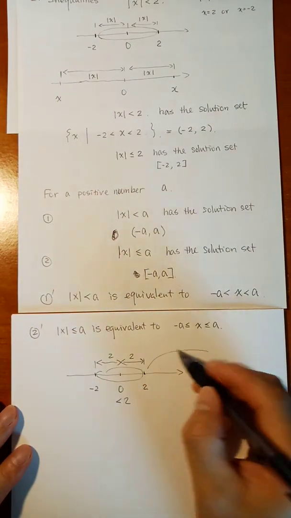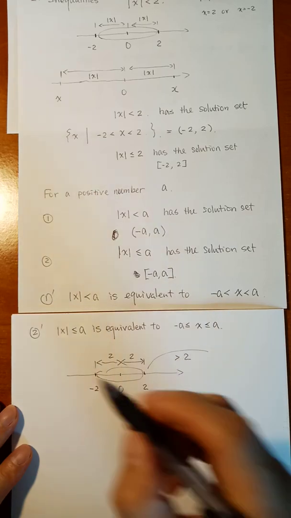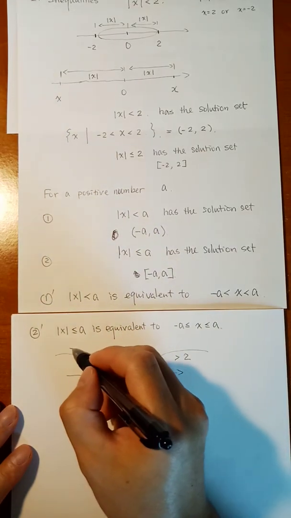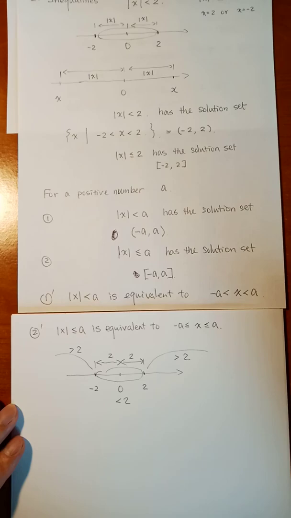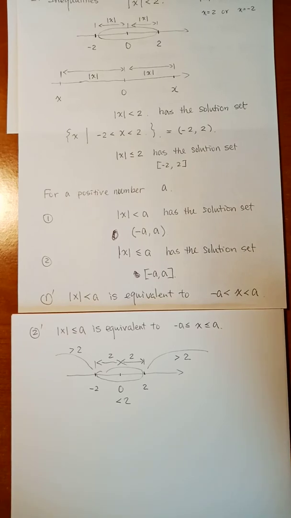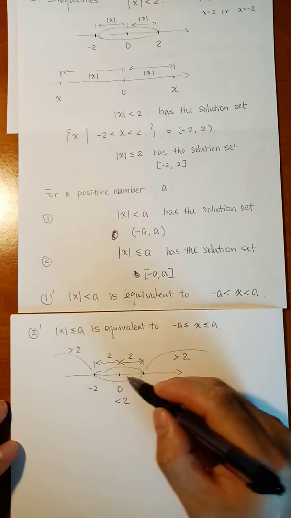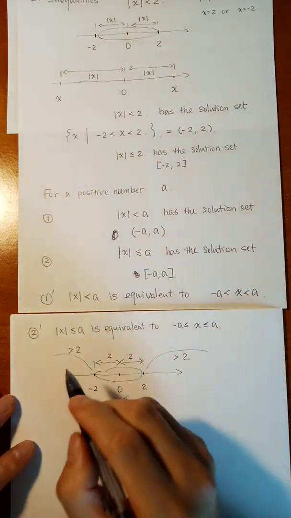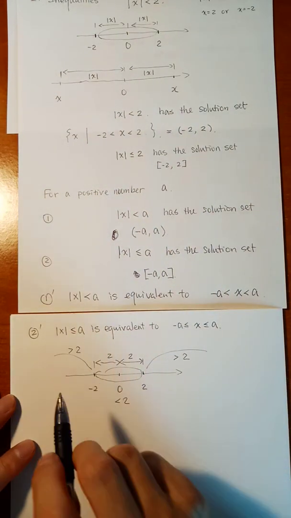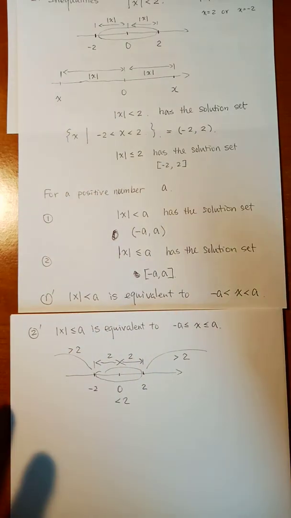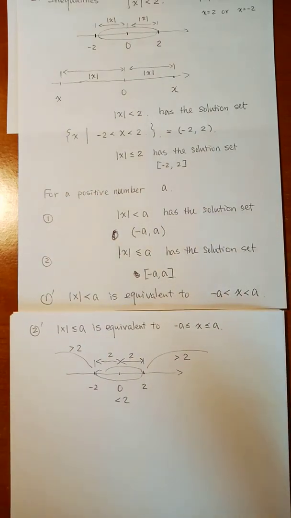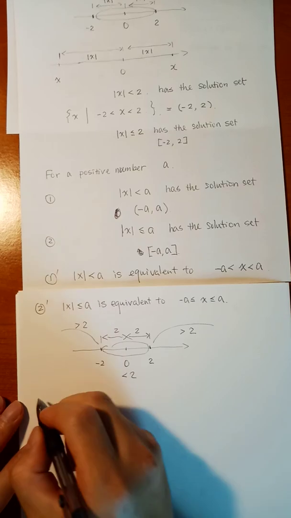This part, the distance will be greater than 2. This part, the distance will also be greater than 2. For example, if you choose number 3, the distance between number 3 and 0 is 3, which is greater than 2. If you choose negative 3, the distance between negative 3 and 0, of course, is 3. It's also greater than 2. All right?